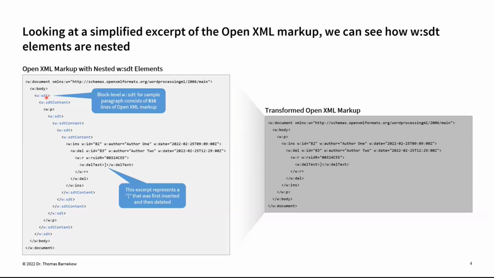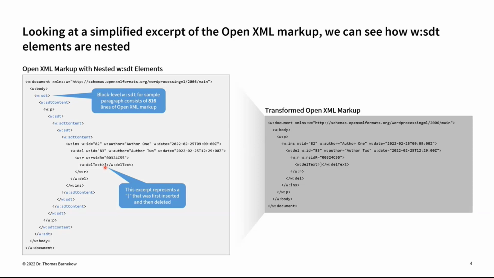You would see the SDT, so structured document tags or content controls, which always have a w:sdt and then a w:sdtContent child, and then it can have nested content, in this case a paragraph, and again a content control, with again a nested content control, and ultimately some revision markup, so inserted and deleted content, in this case a run, which was a closing square bracket.